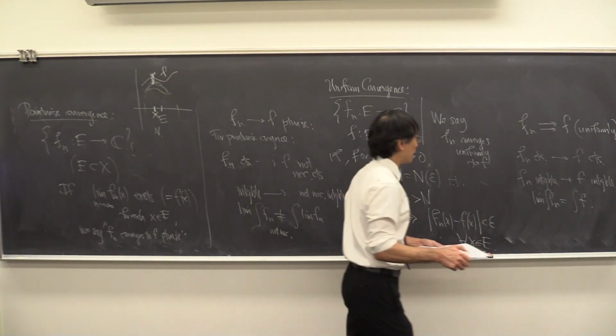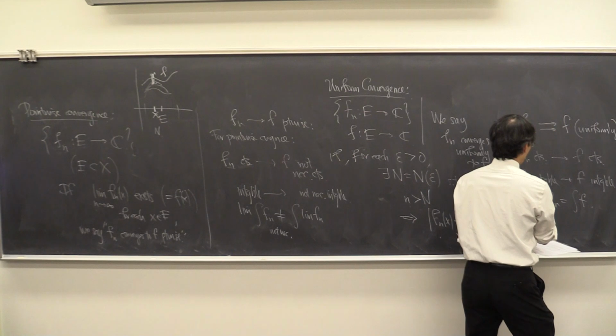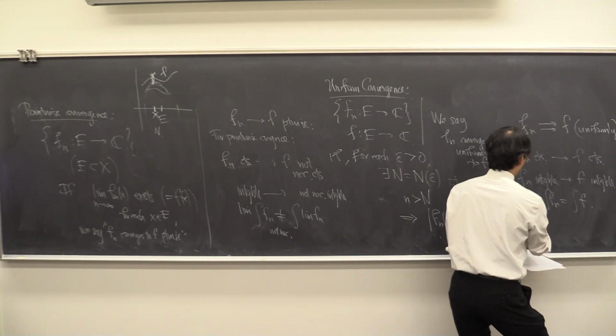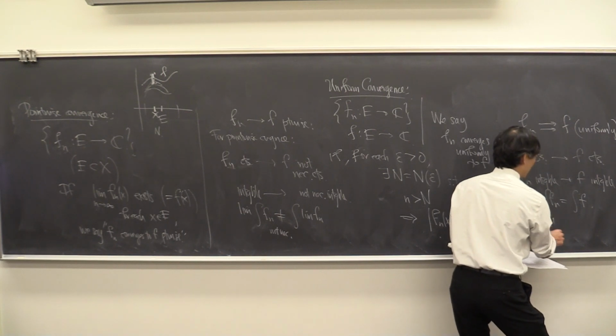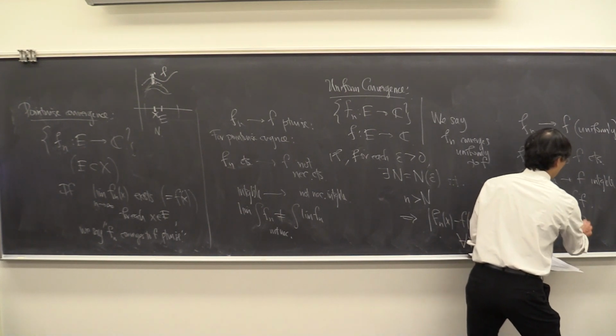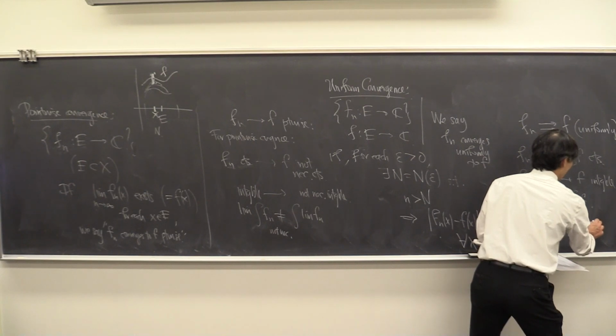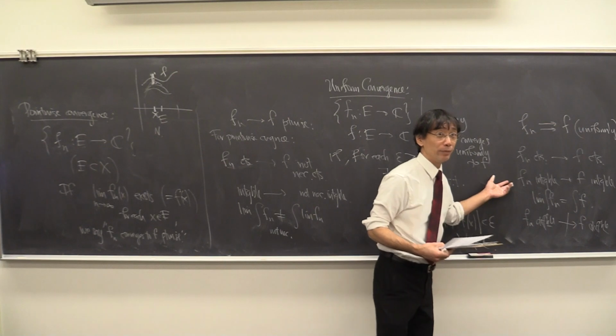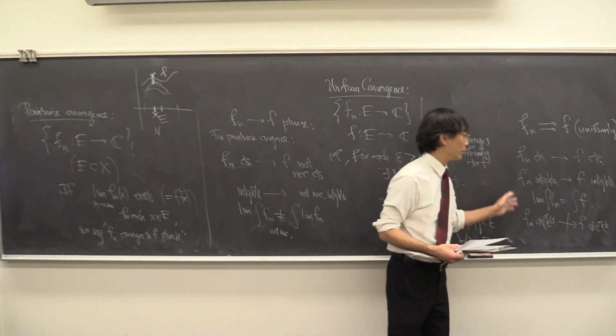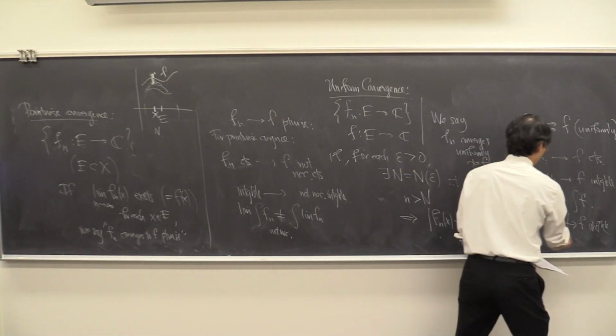Yeah. Well, just one comment. It's still not true that if the functions are differentiable, then the limit is differentiable. That was false for pointwise. It's also false for uniform convergence. So that doesn't quite work out.